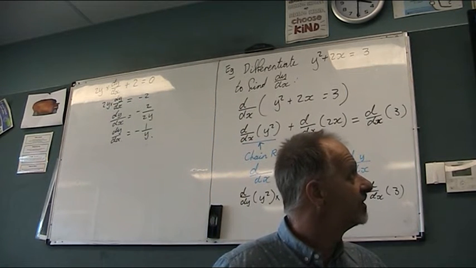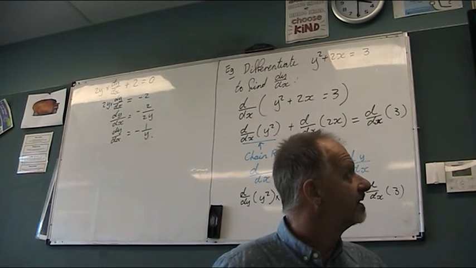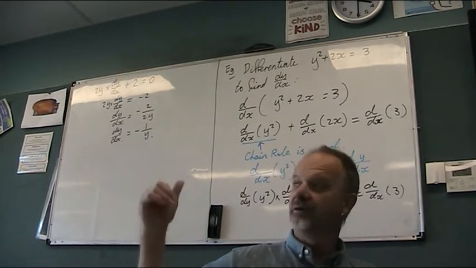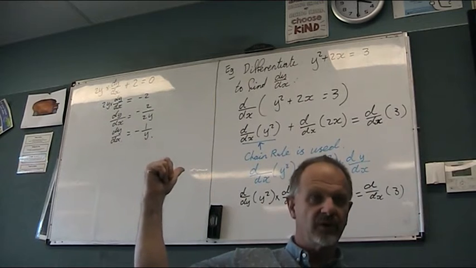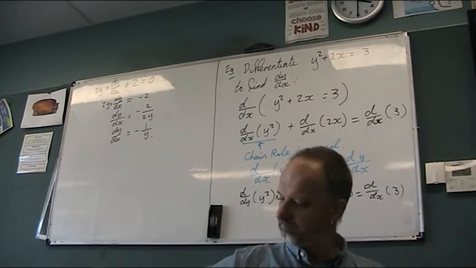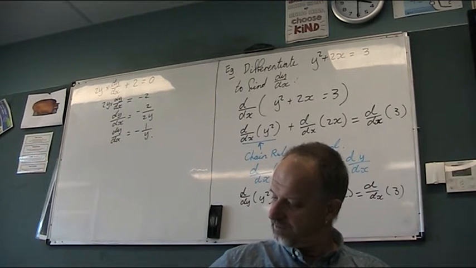So y dashed, which is dy dx, equals negative 1 on y, which is what we got there. All right.